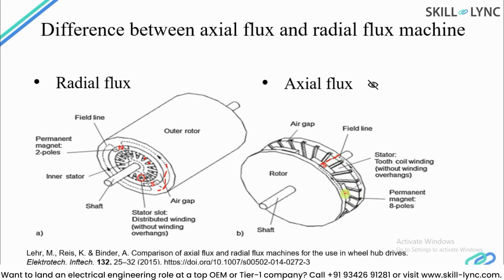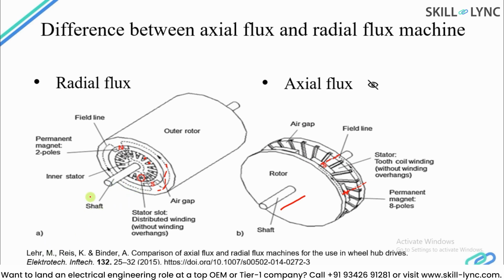So here what you see is the direction of the magnetic field, and that is going to pass through the stator part, and therefore this will be the rotor, and the other part where the windings are mounted is the stator, and the direction of the flux is in the same direction as the shaft, and therefore it's called the axial flux. Here the direction of the flux is actually perpendicular to the shaft, and it's a radial flux machine. So this is an important difference to be understood for motor design.